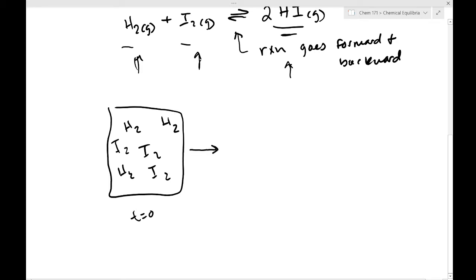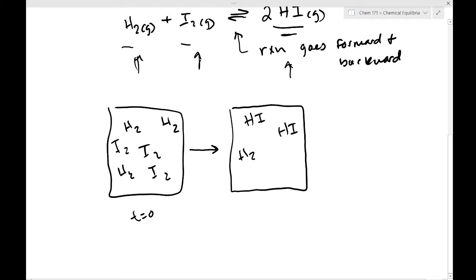The initial rate is fast. This is going to create HI, and we end up making some HI here, say 2HI possibly. Something like that. And once you reach this point, the forward rate slows down.